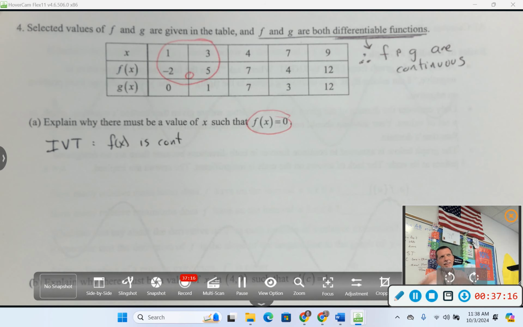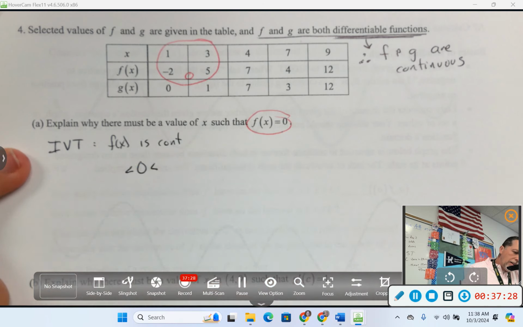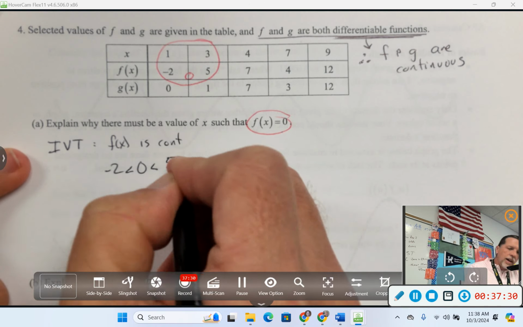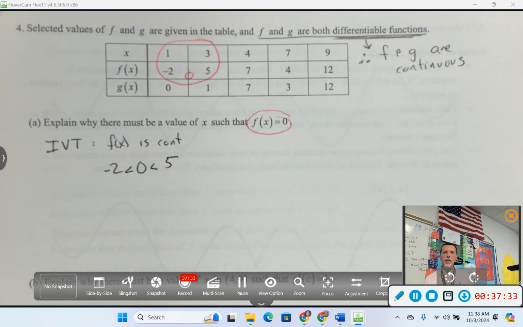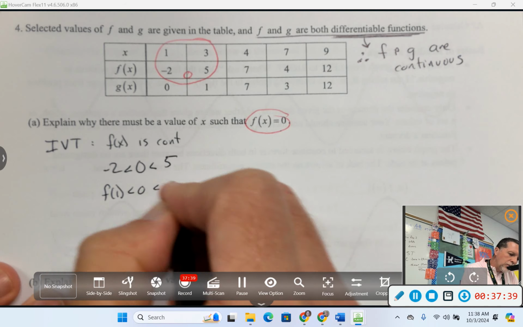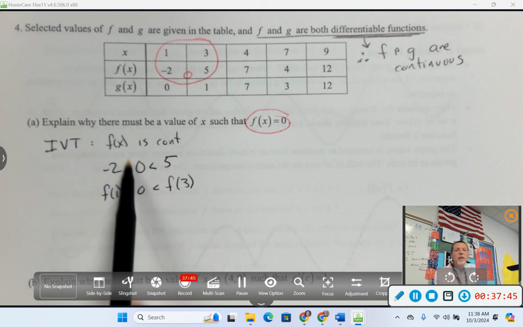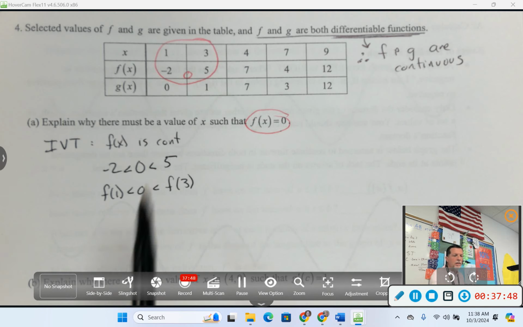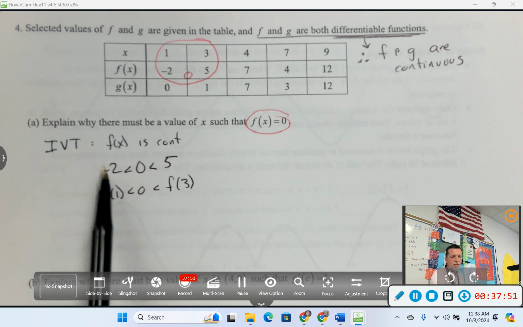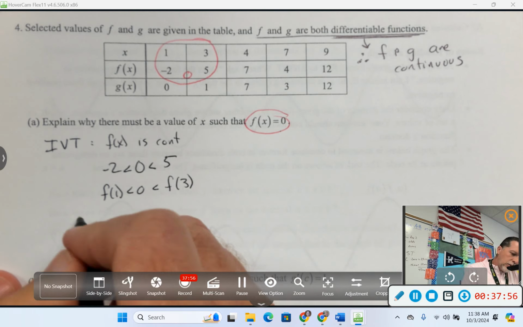And then the IVT format is, if the y value is between the y values, then the needed x value has got to be between the x values. So the y value is 0. That's in between -2 and 5. Many of you, on not the most recent test but the one before that, remember I said you could do either one of those and you're saying the same thing? Many of you did both, which I think is good, because for the first statement, it's clear that yes, 0 is in between -2 and 5. The second statement kind of attaches some x values in there, and that's where we're headed.